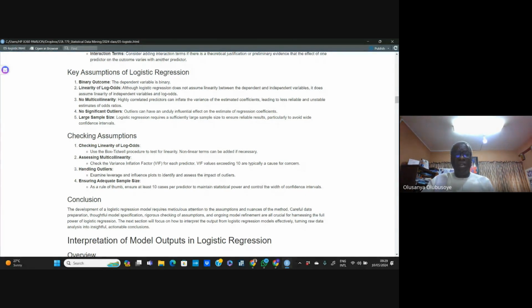But you need anything reasonable. So don't have just 5 observations, or 6 or 10 observations, and be running logistic regression.